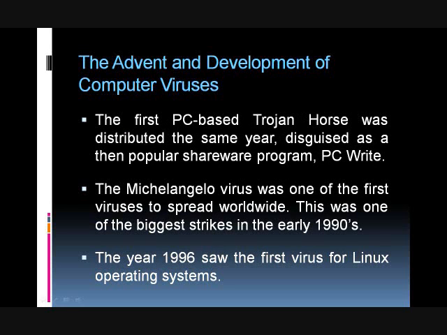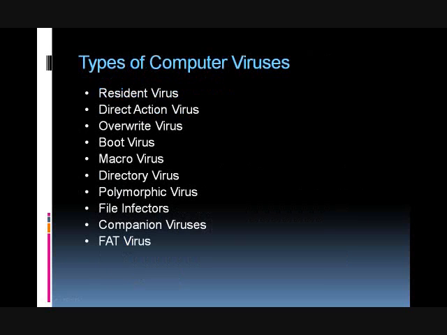The first PC-based Trojan horse was distributed the same year, disguised as a then popular shareware program, namely PC Write. The Michelangelo virus, which is one of the first viruses to spread over the World Wide Web, was one of the biggest strikes in the early 1990s. In 1996, the first virus which was designed to penetrate the Linux operating system was developed.